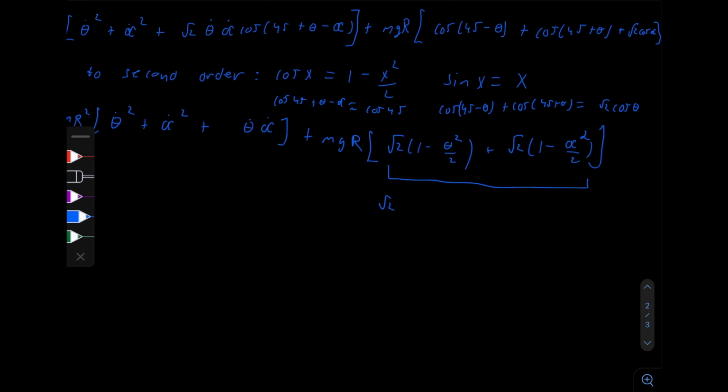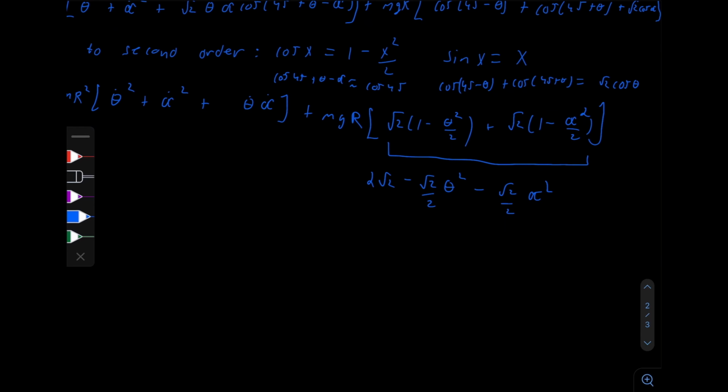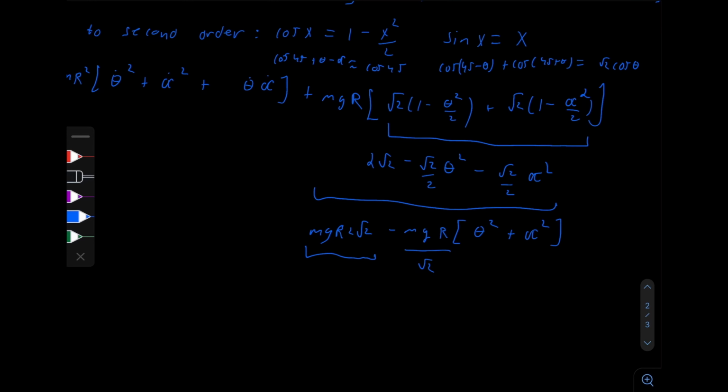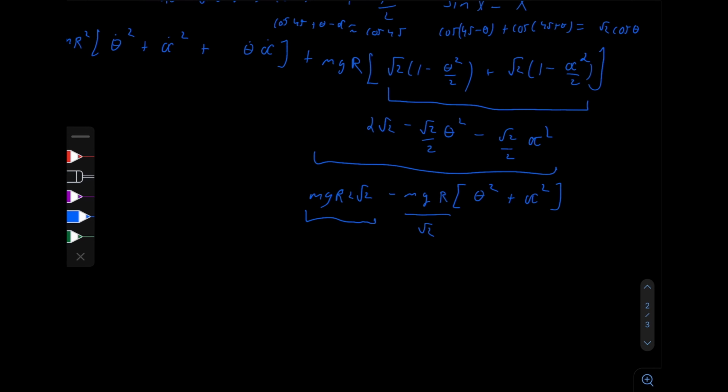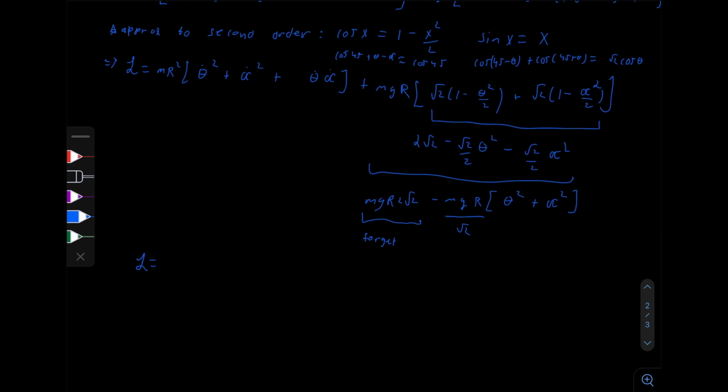So we'll have root 2 plus another root 2, so that's 2 root 2, and then a minus root 2 over 2 theta squared minus a root 2 over 2 alpha squared. So in total we'll get this mgr 2 root 2 minus an mgr. This guy here is just a constant, and when we use our Euler-Lagrange equations, we're going to be taking derivatives of everything. So we can just forget about it. So the Lagrangian is actually this.